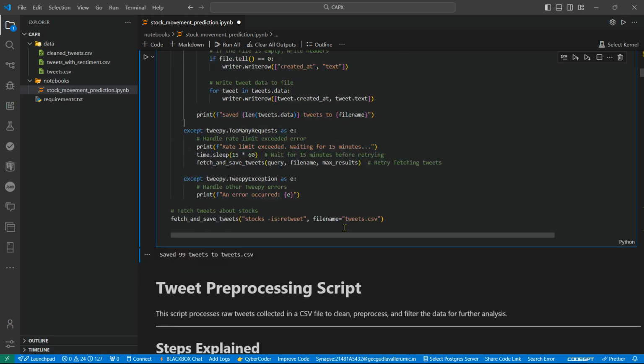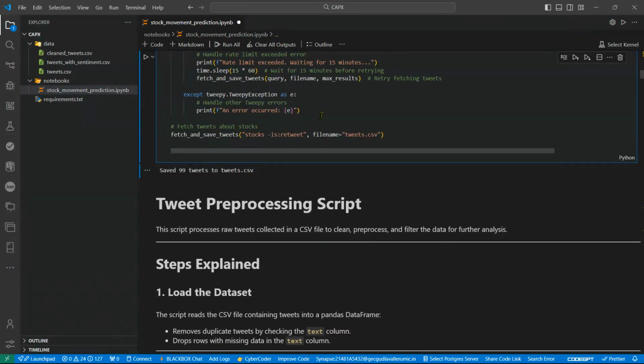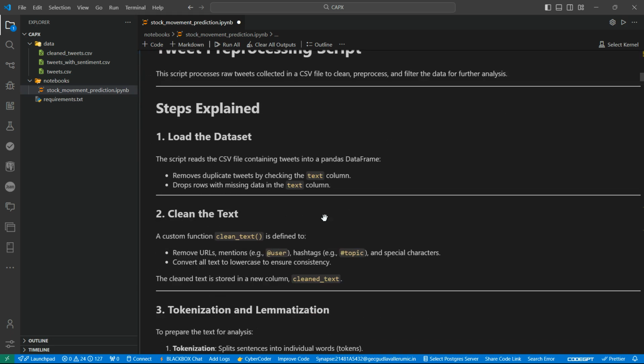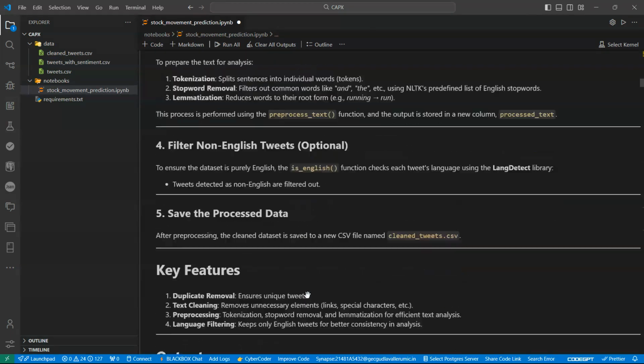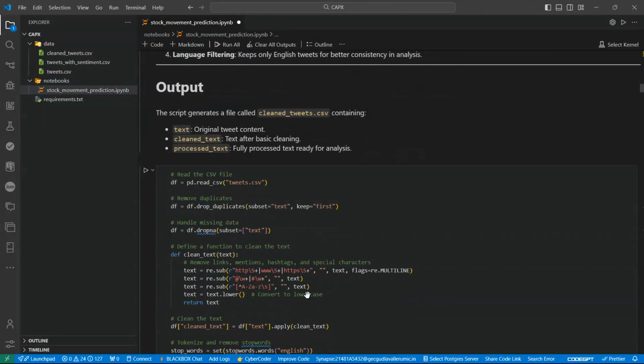On that basis, we are pre-processing the data. For pre-processing, we are using various techniques, like first reading the data, removing duplicate values and null values, dropping unnecessary values, cleaning the links, and converting uppercase to lowercase.